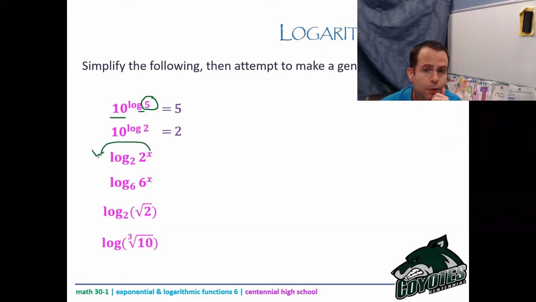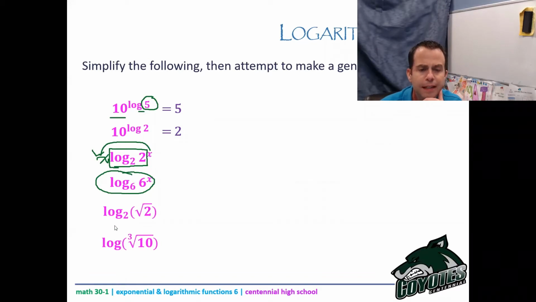So let's just put that there. Now I'm left with log base 2 of 2. Well, log base 2 of 2, we just found out on the previous slide was 1. So that's x times 1, so that'll just be x. So when you see something in this form, you know right away that whatever that little exponent is, that's going to be your ultimate answer.